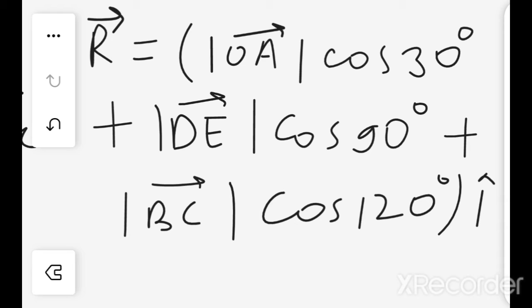So now we have just written the x components of those vectors, and we are trying to find the x component. In order to find the x component, we need the magnitude of that vector and the cos of the angle which is made by that vector with the x-axis.